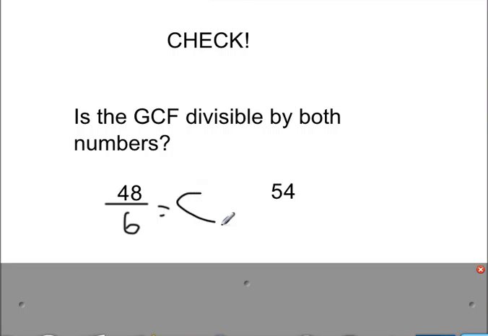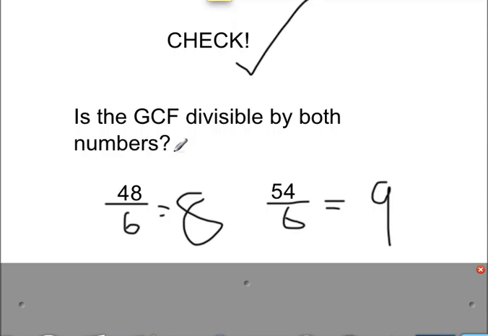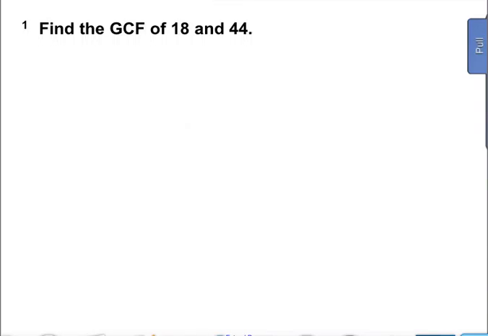And yes, it is, because the answer is 8. Test the GCF with the second number, 54, and 54 divided by 6 also does work because the answer is 9. So 6 is the GCF of 48 and 54.